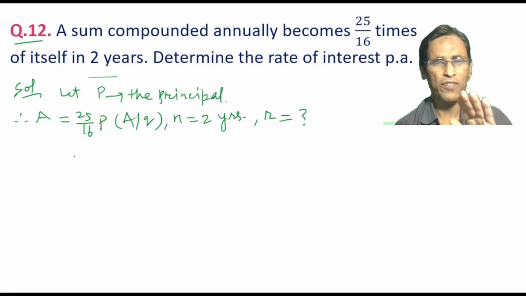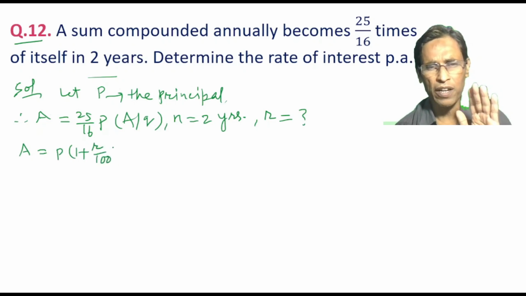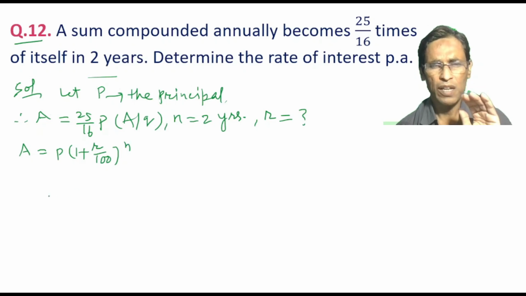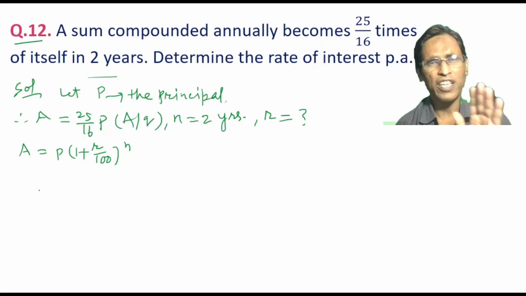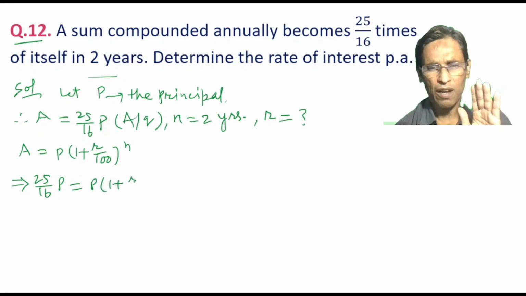So now we proceed to find the value of the rate of interest, by taking the formula for amount A equal to P times (1 plus R by 100) to the power N. Now we replace the terms with the information given, and so A will be replaced as 25 by 16 P equal to P times (1 plus R by 100) to the power 2.